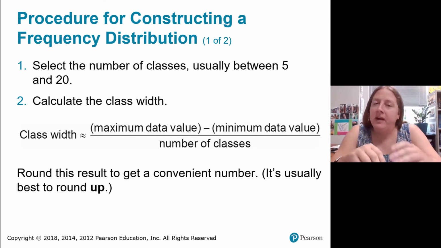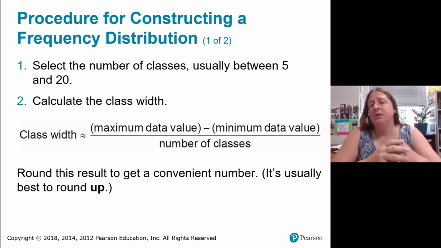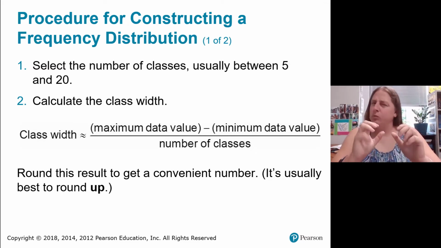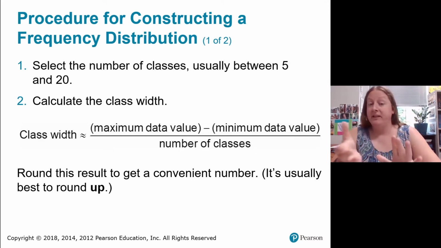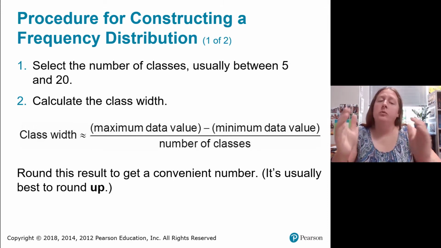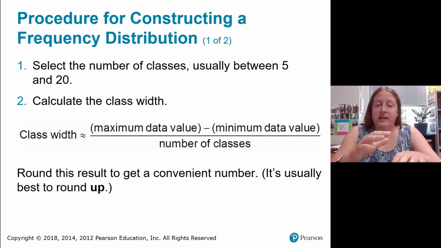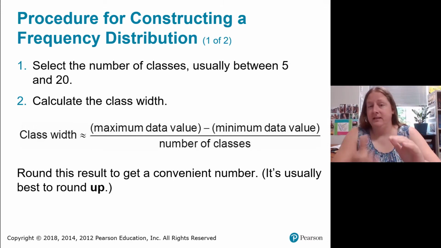The reason we say it's about and not exactly equal to is because if we make it exactly equal to, sometimes we end up with really weird width classes with decimal places where they don't make any sense. So what we do instead is we take this difference and divide by the number of classes.